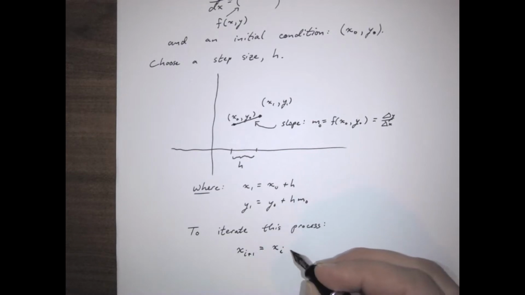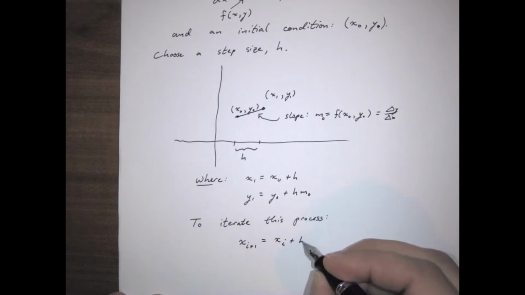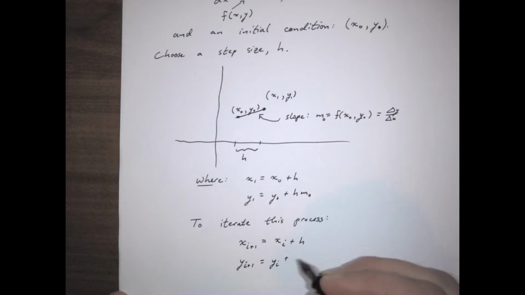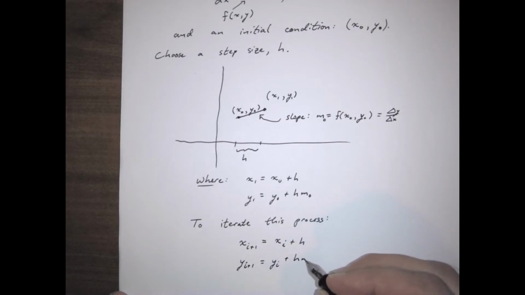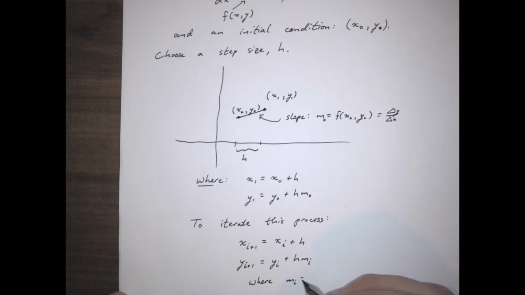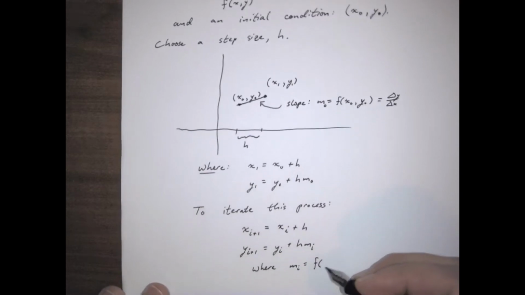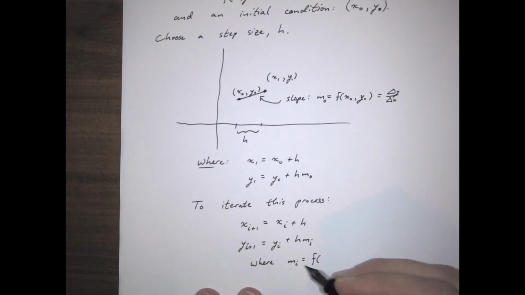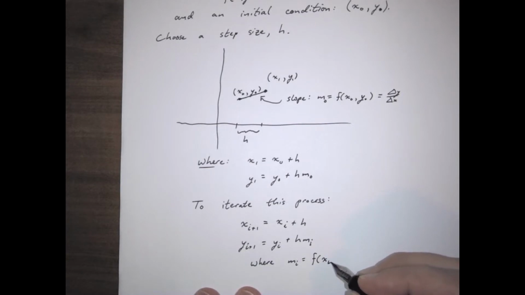In other words, the next x value is the previous x value plus h, and y_{i+1} is equal to the previous y value plus h times m_i, where m_i equals whatever the differential equation would produce at the ith value, so at x_i, y_i.